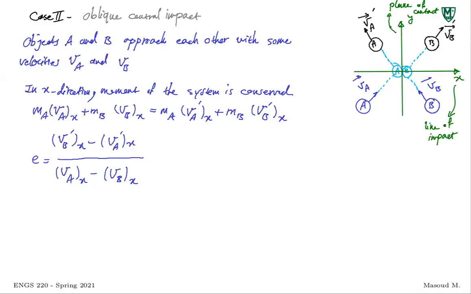So these two equations, similar to what we had for direct central impact, are enough to find two unknowns. Remember, you are trying to find the velocities. That was the whole story of impact.